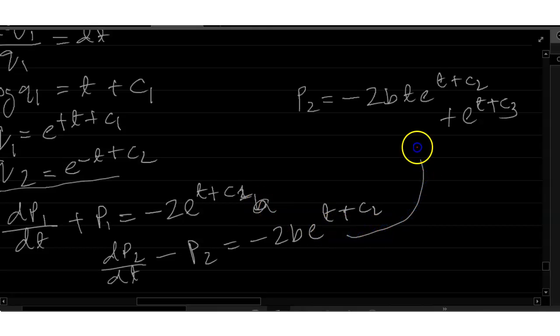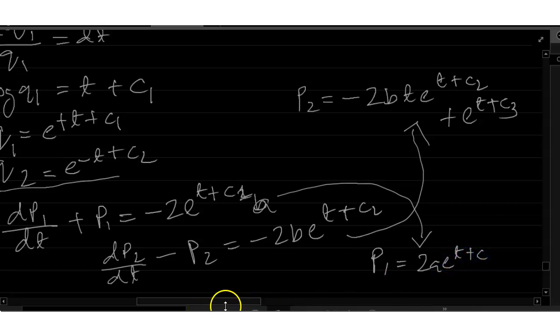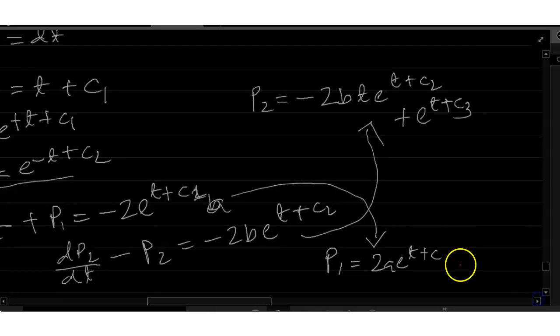Similarly here we get p1 equals 2a e to the power t plus c1 plus e to the power c2 minus t. So this is my p1 and p2 value.